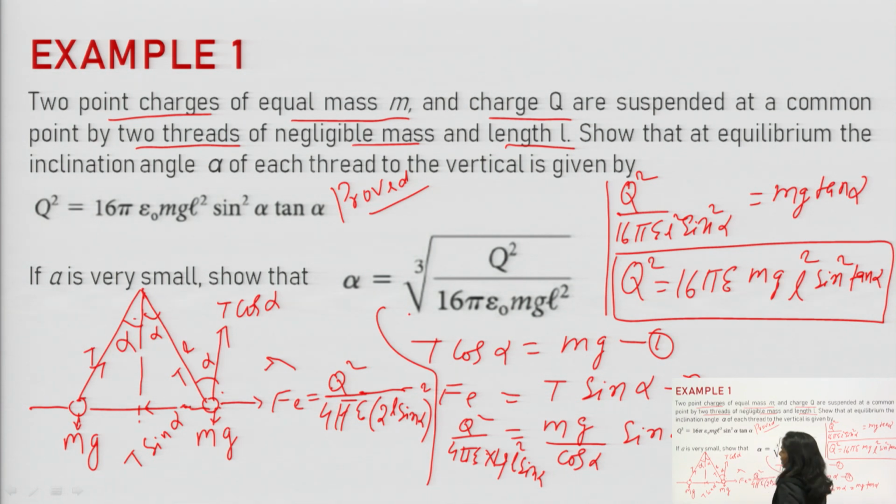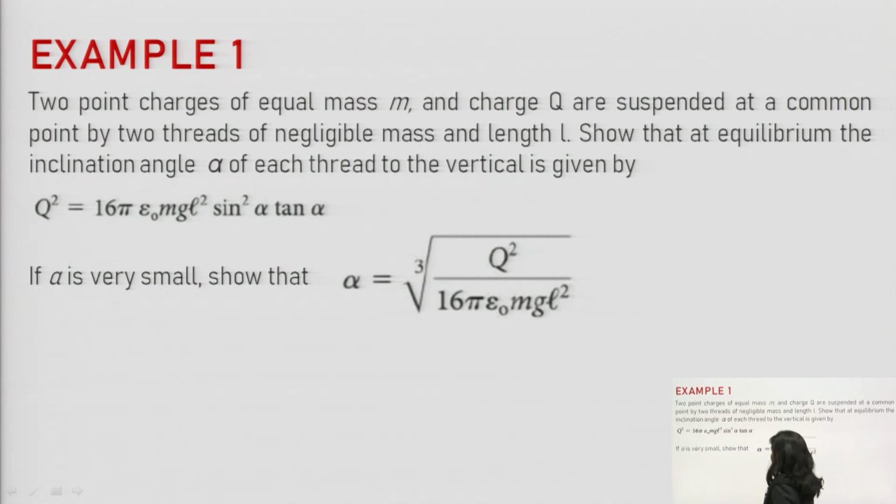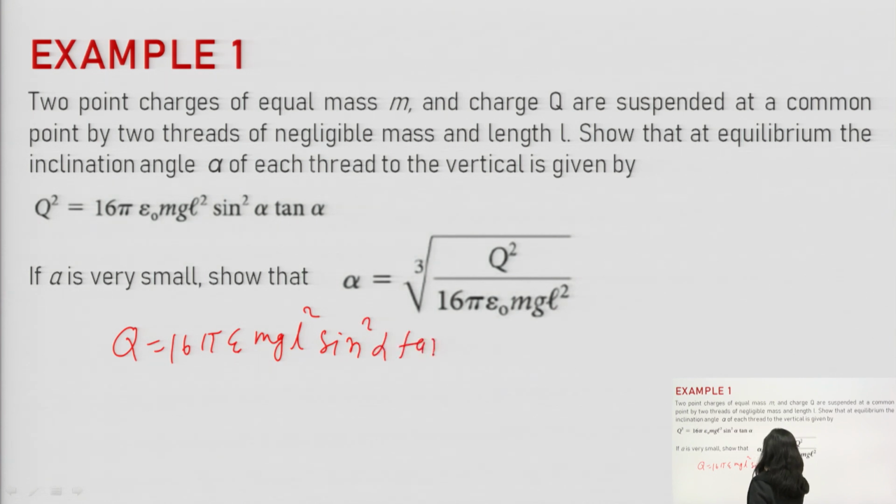Now the next question is, if alpha is very small, so that alpha is equal to this. We got the value of q square as 16 pi epsilon mg L square sin square alpha tan alpha.